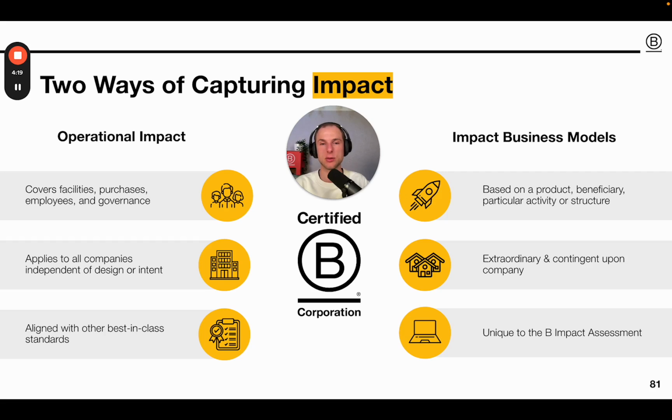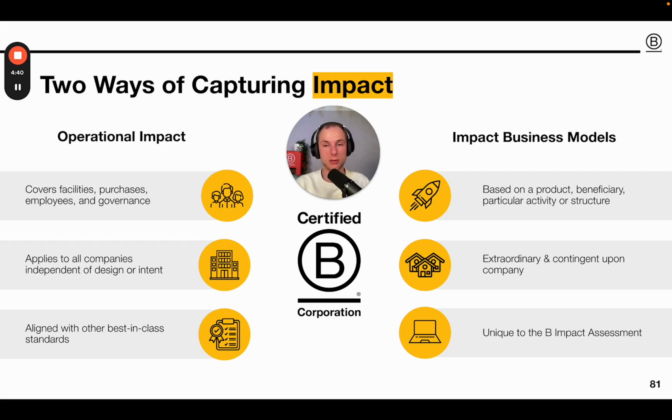And it relates to the design of your company and the way that your company is designed to have a specific positive influence on a certain stakeholder. So that's why it really has to come down to your reason of existence for your company.